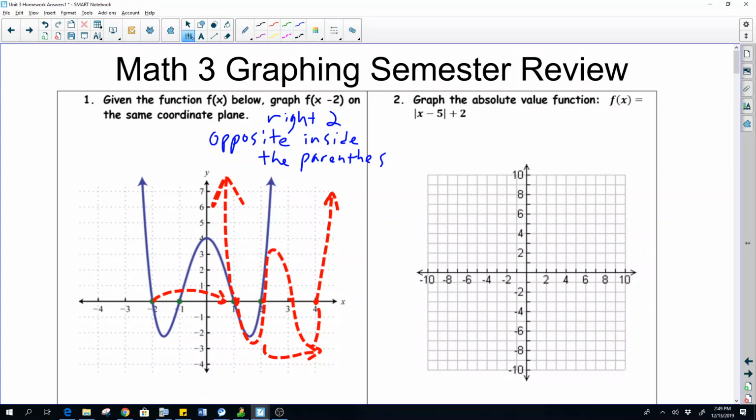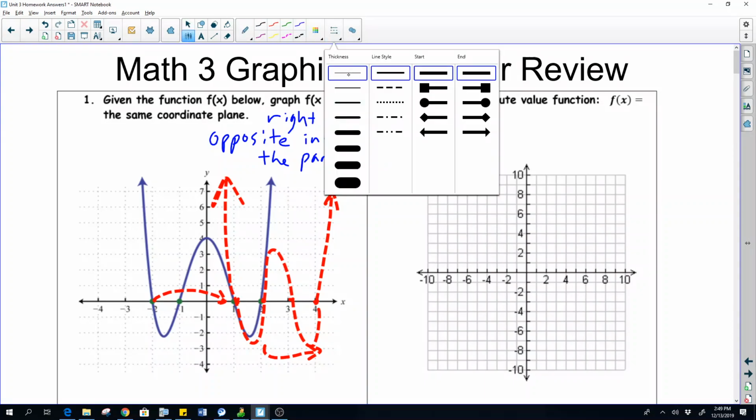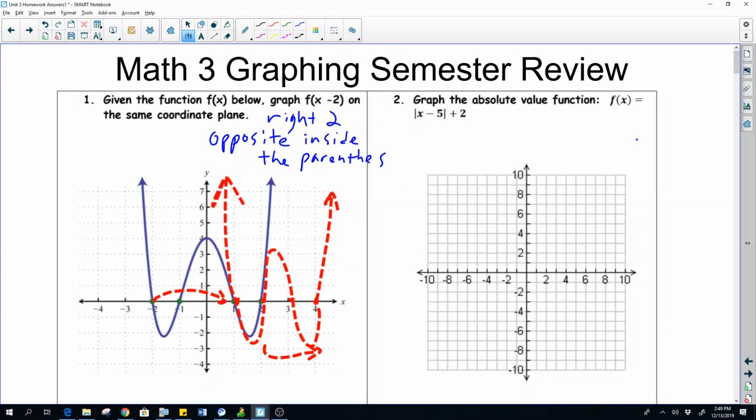Okay, so now we're going to jump over next to absolute value. Remember, that's the flying V for absolute value. And so again, this is going to be inside, so it's opposite what you think. So I know you think left 5, but it's actually right 5, and then up 2. Okay, so we start off at 0, 0, the parent function. And we're going to go right 5, so 1, 2, 3, 4, 5.